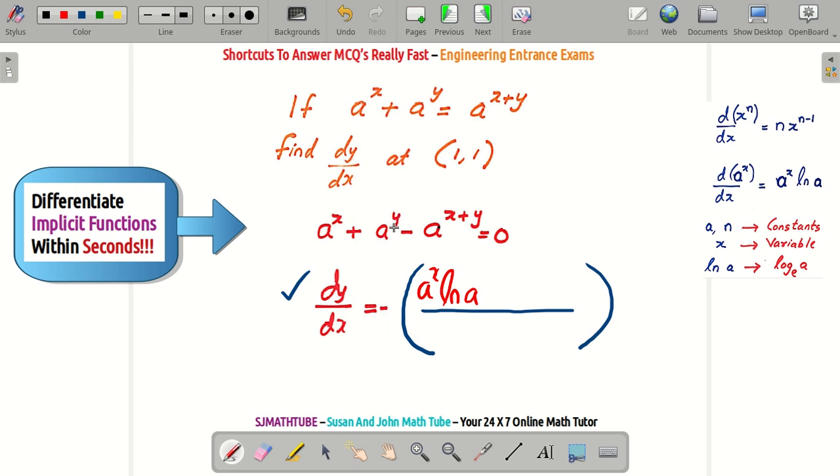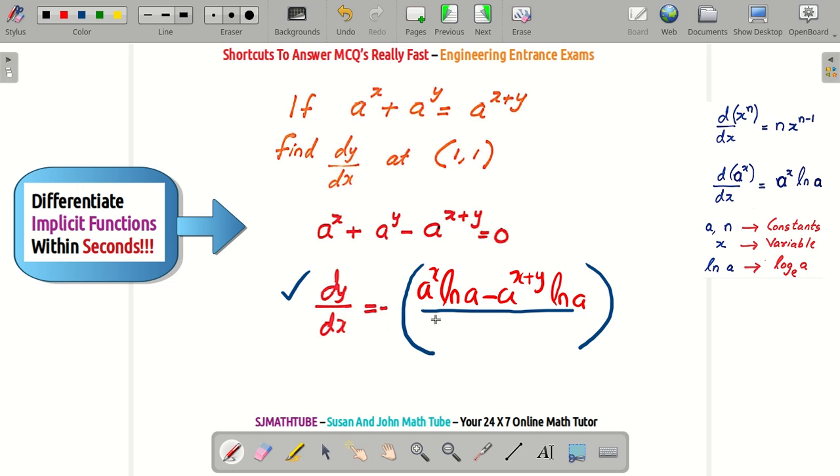And a power y, of course, is going to be 0 because you're differentiating with respect to x, that too partially. Minus, for the last one, we get a power x plus y ln a. And then the derivative of x plus y will be 1 plus 0.